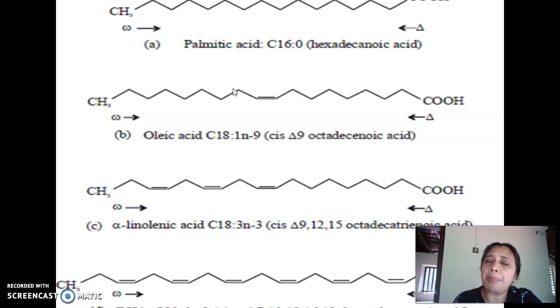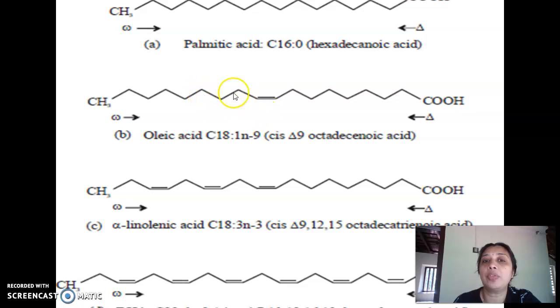Okay, so a typical example of an essential fatty acid is linoleic acid. The name itself tells you it is derived from oleic acid. Oleic acid undergoes one more round of desaturation, but here the desaturation happens at the omega-6 position. This one is omega-9, right? Counting omega 1, 2, 3, 4, 5, 6, a double bond is introduced here.